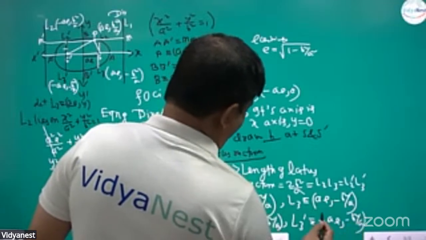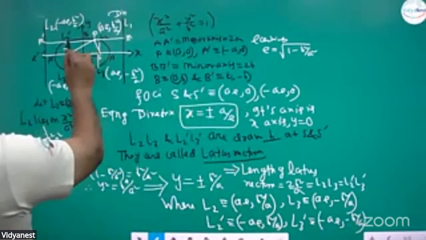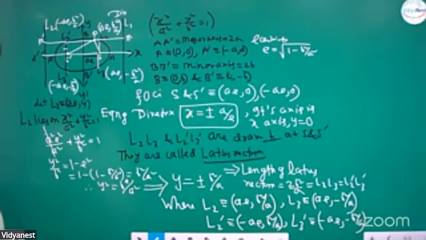These are the 4 extremities of the latus rectum.